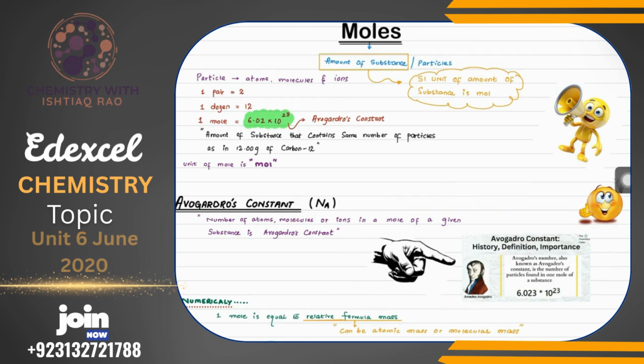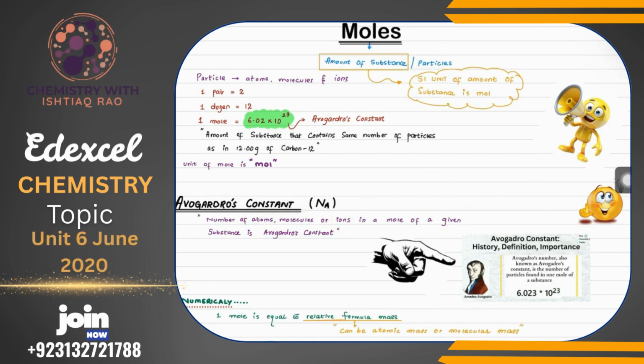So 1 mole of anything is going to have this many particles. That's why in the definition of Avogadro's number, you can see the number of atoms, molecules or ions in a mole of a given sample of a given substance.